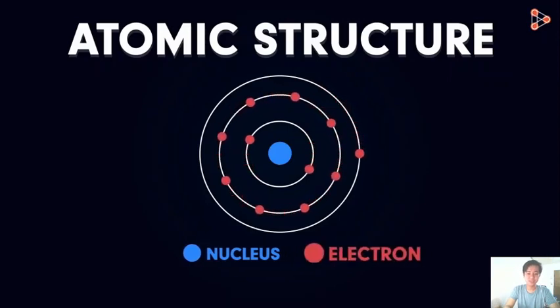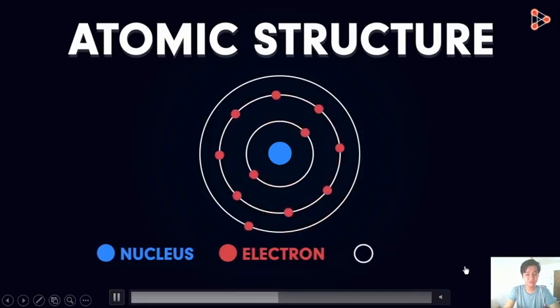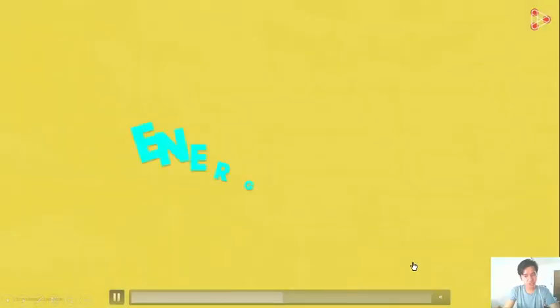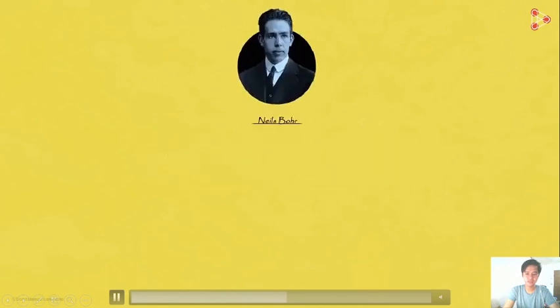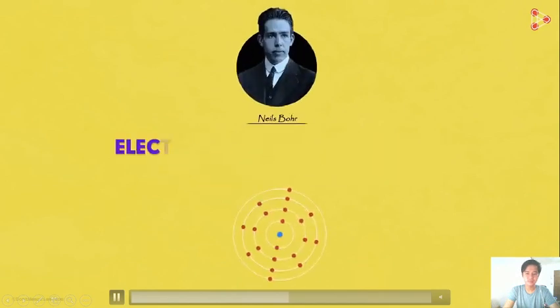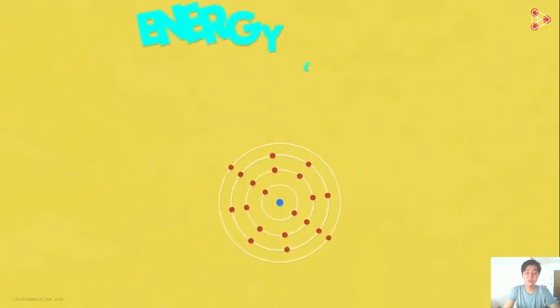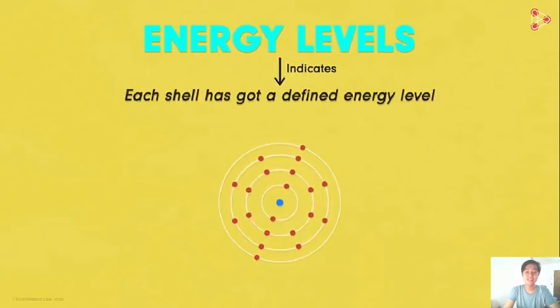It has a nucleus, and the electrons occupy certain regions called orbits, which are called energy levels, which he also called shells. That energy level is where electrons are found that do not radiate energy. So each shell has a defined energy level.